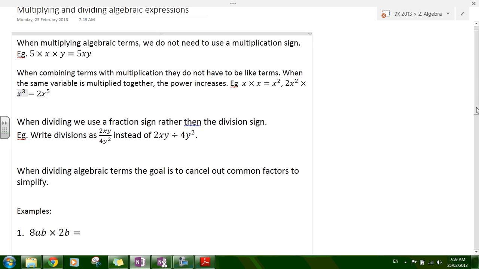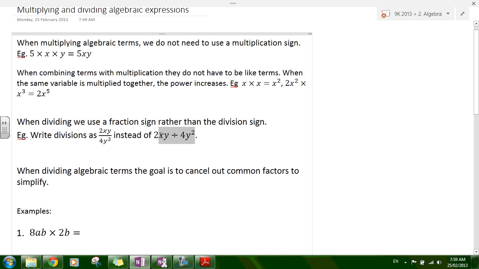When dividing, we need to use a fraction sign rather than a division sign, because it's actually clearer to see how we're going to simplify. So we'll write division as 2xy over 4y squared, rather than as 2xy divided by 4y squared.